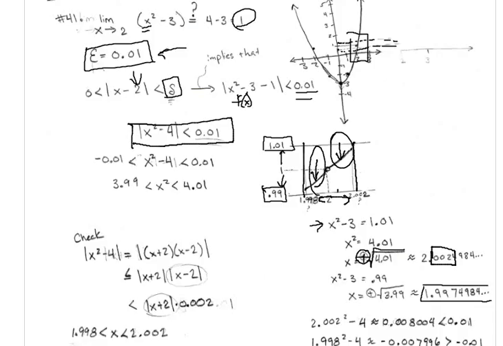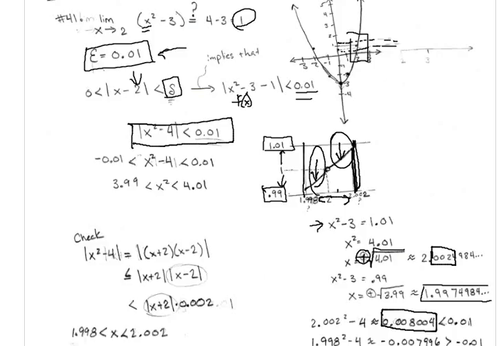When I put that into the calculator, I get 0.008004. And this, so far, is less than 0.01. So the right end of my box seems to work. How about the left end of my box? I get 1.998 squared minus 4.